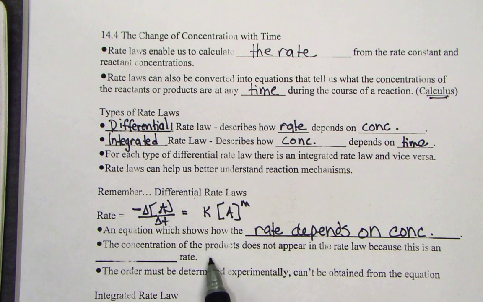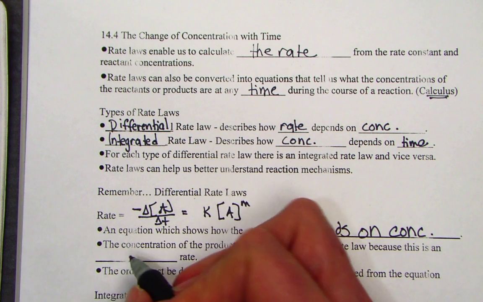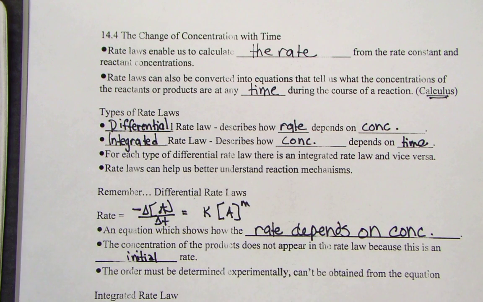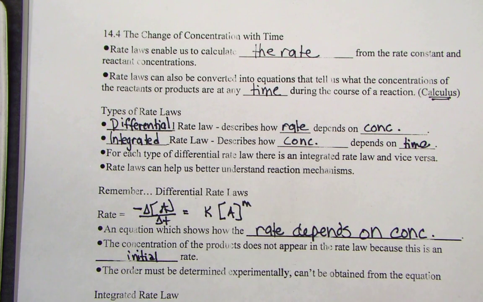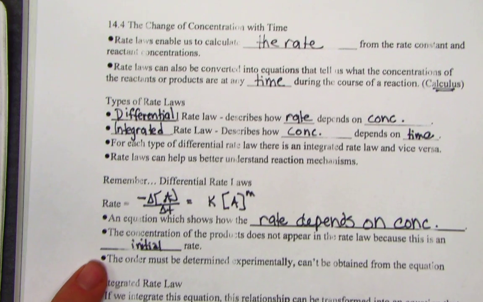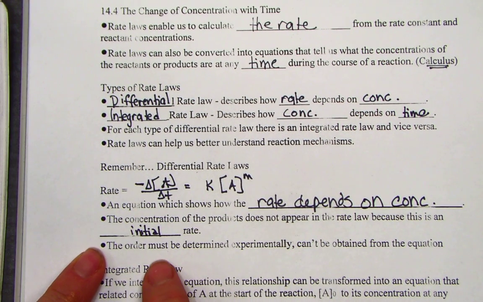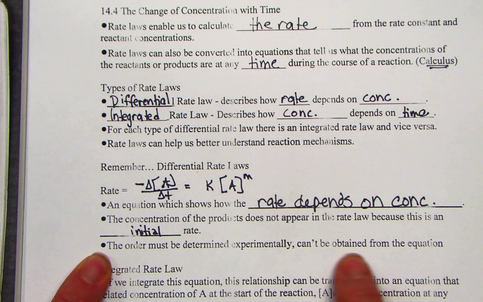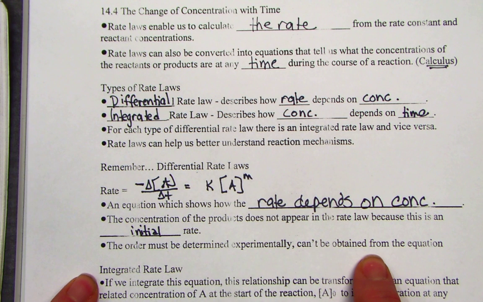The concentrations of the products do not appear in the rate law because it is an initial or instantaneous rate. Remember, at time 0, there are no products. They haven't been made yet. We also remember from our previous lessons that rate laws have nothing to do with stoichiometry, but must be determined experimentally. They can't be obtained from the equation, but they must be derived by looking at data.